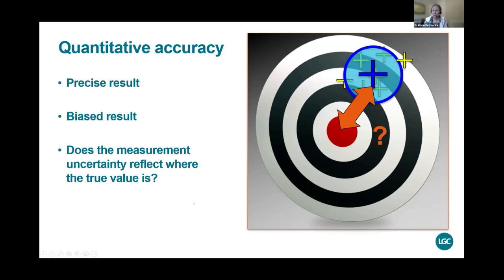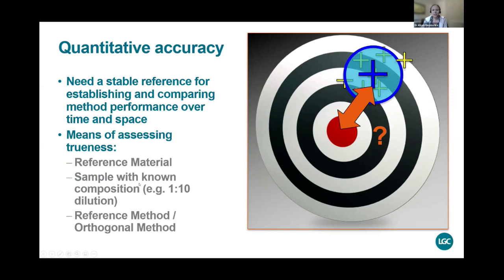But one thing importantly to consider is how do we establish that there is a bias to begin with? How do we validate measurement procedures to make sure they are true as well as precise? So there's different ways of assessing trueness. This could be through reference material, a sample with a known composition.